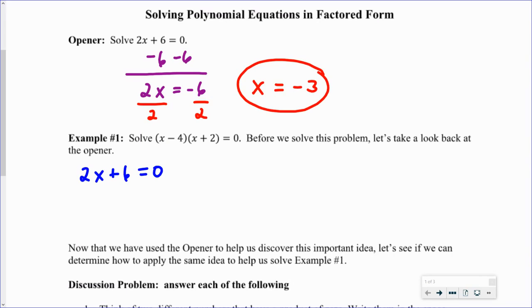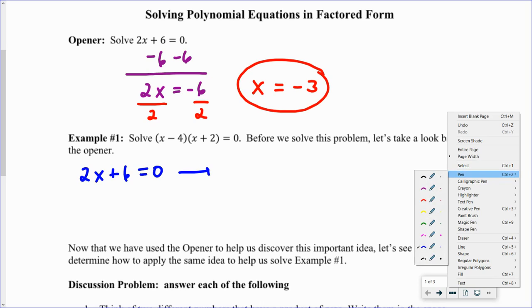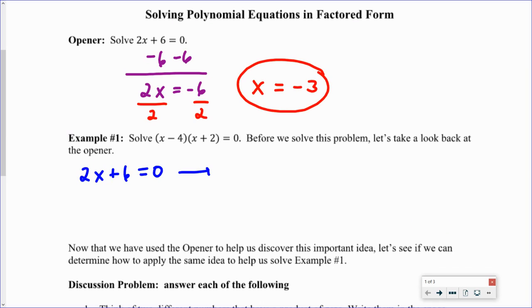And we can check to see that that's true by substituting negative 3 back into the original equation for x. So let's do that over here. I'll grab a different color. So 2 times negative 3 plus 6 equals 0. 2 times negative 3 is negative 6, plus 6 equals 0.